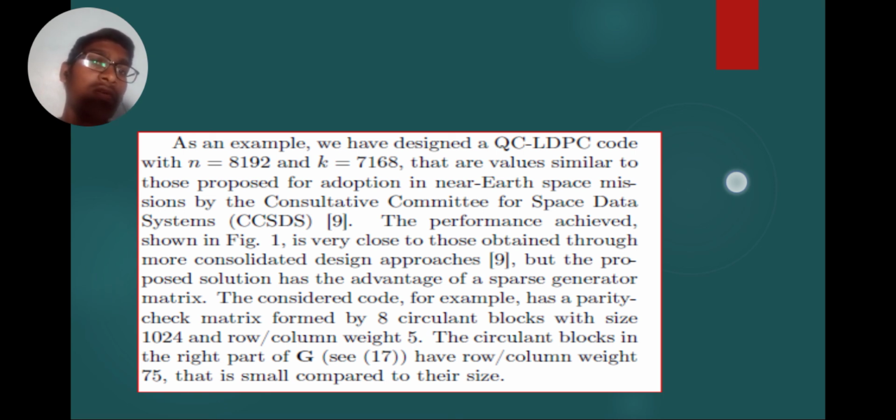The circulant blocks in the right part of G in equation 17 have row or column weight 75, that is small compared to their size.